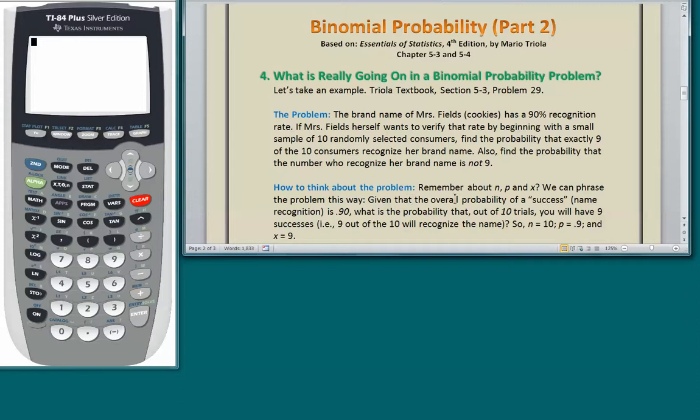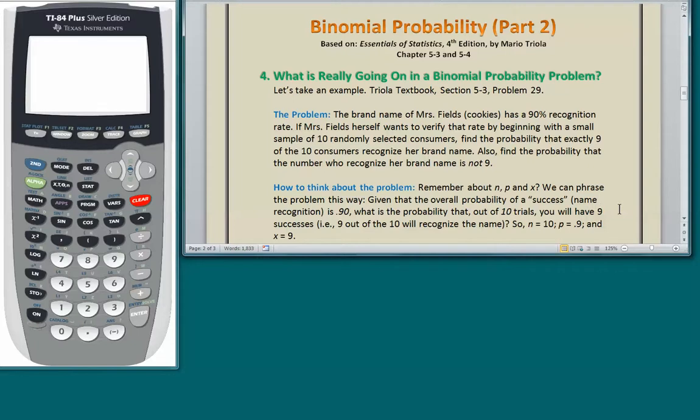Given that the overall probability of a success, and success in this problem is name recognition, is 90%. This is very important. The overall probability of success is 90%.